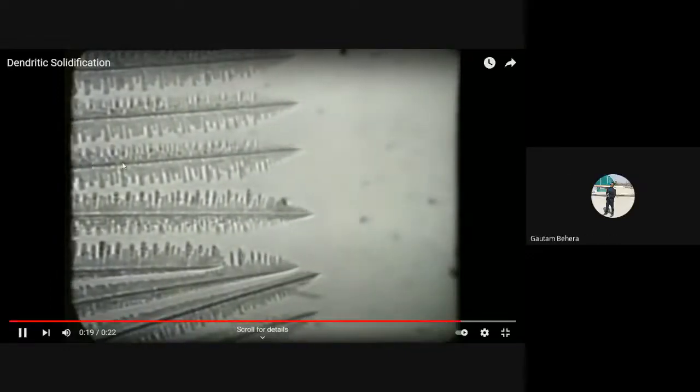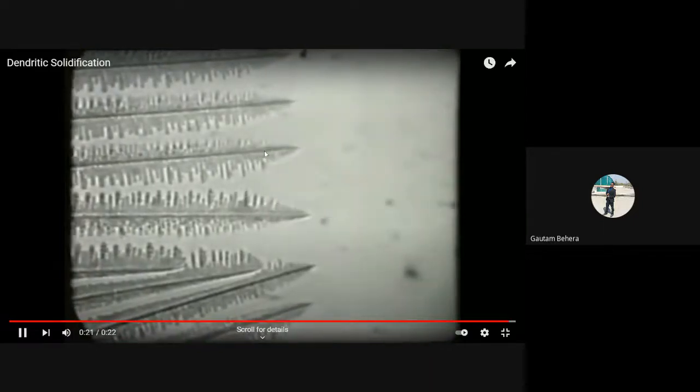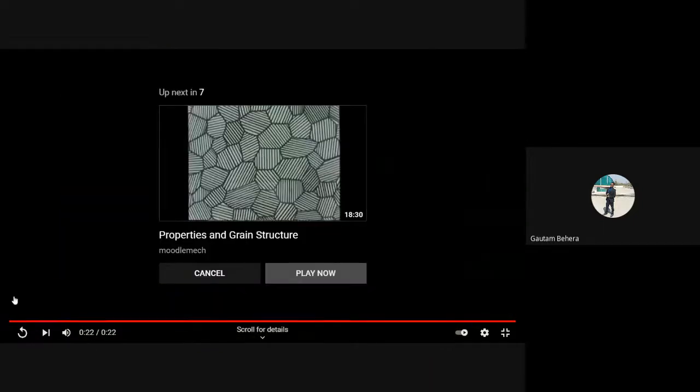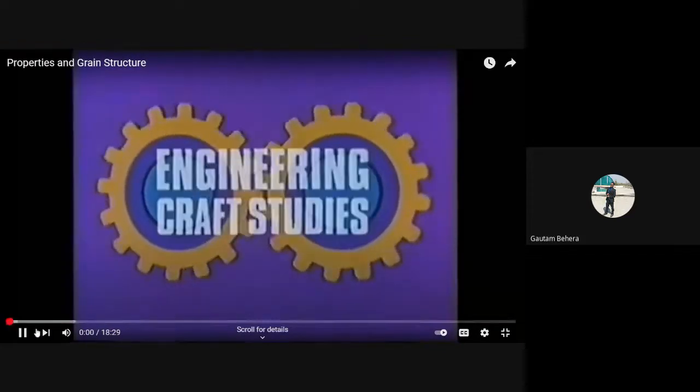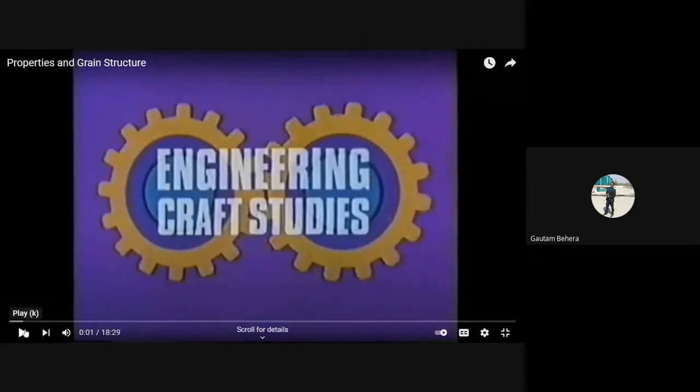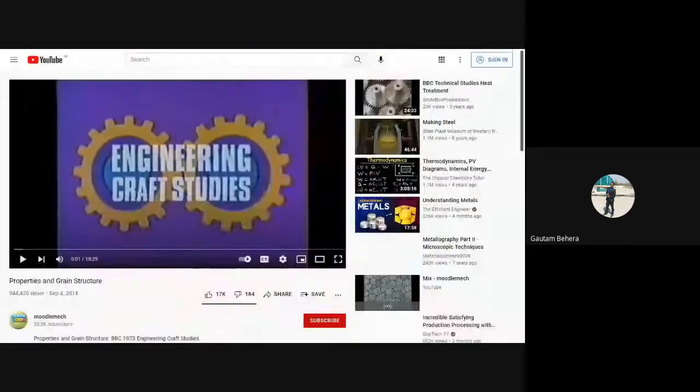Can you people figure it out? Yes, sir. The center dark line is the primary dendrite, right? And the secondary dendrite is perpendicular to it. And tertiary is perpendicular to secondary. Or you can say tertiary dendrite is parallel to the primary dendrite, right? And this is a completely tree-like structure. A lot of branches are present. Okay, fine.